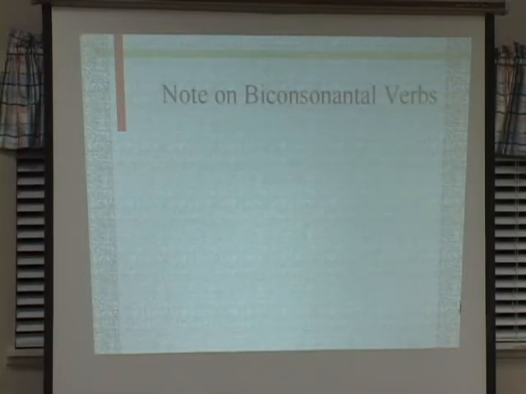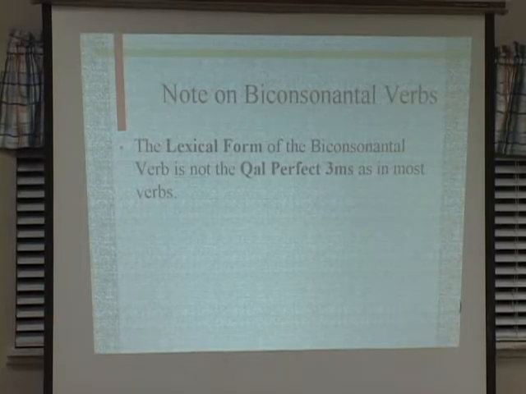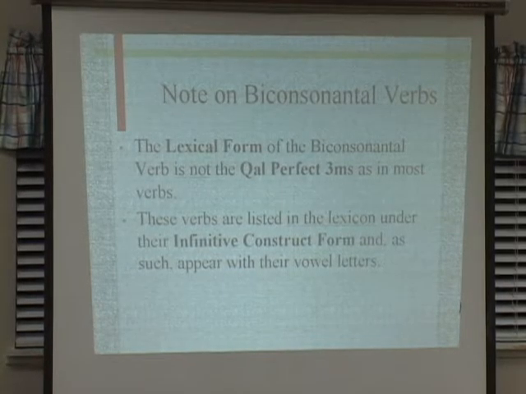What should we note on these biconsonantal verbs? First of all, the lexical form is not going to be in the Qal perfect third masculine singular, as in most verbs. It will actually be listed in the lexicon under the infinitive construct form.